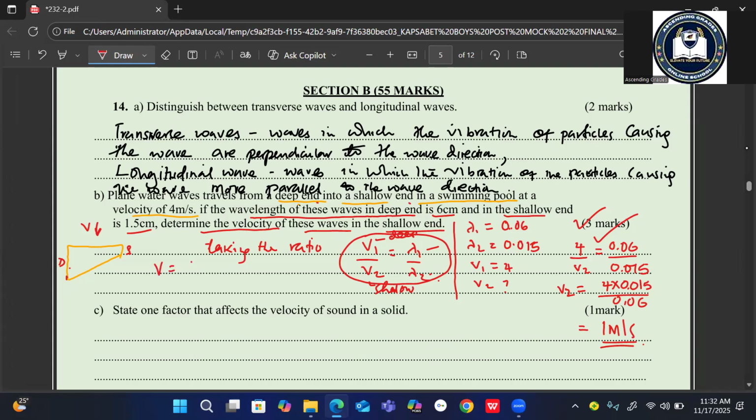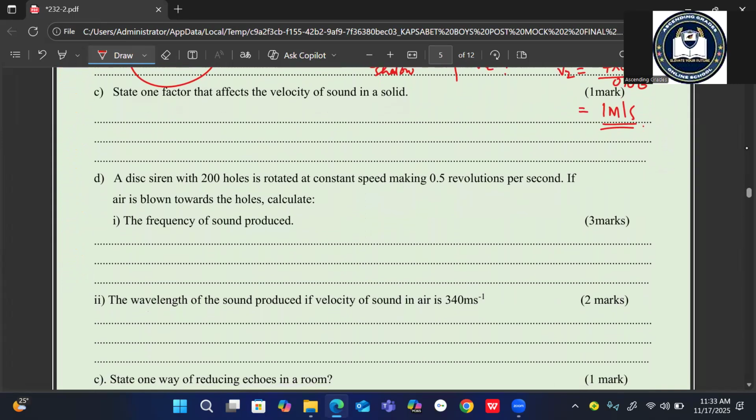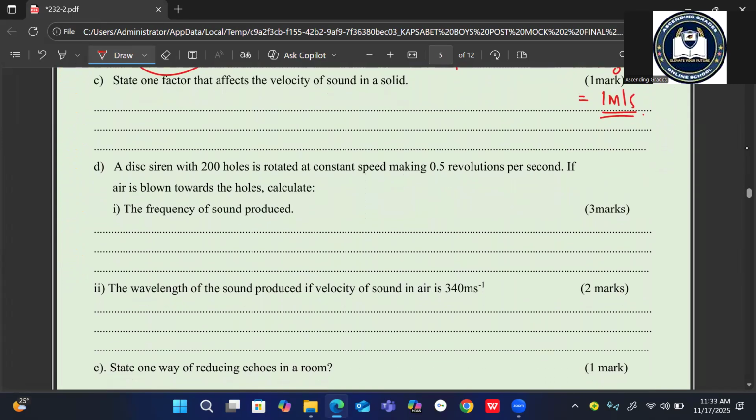But from the formula V equals f lambda, we know that the frequency will be retained. So whatever changes is the lambda and the V. So in the deep end, higher velocity. In the shallow end, we have the lower velocity.